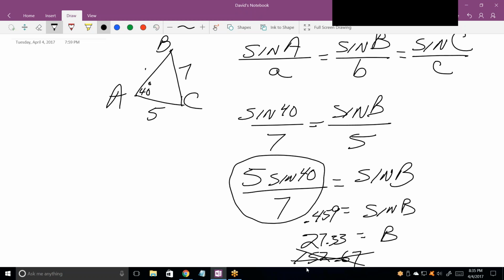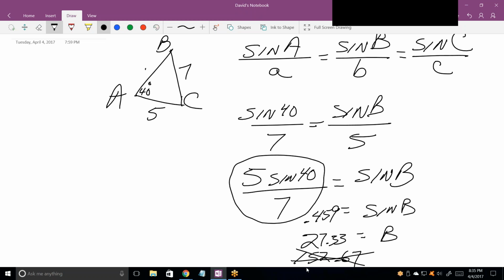Always come up with both angles and then see if one of them fits. If both of them fit, then you have two different solutions. You have two different possible triangles. That's why it's called the ambiguous case.